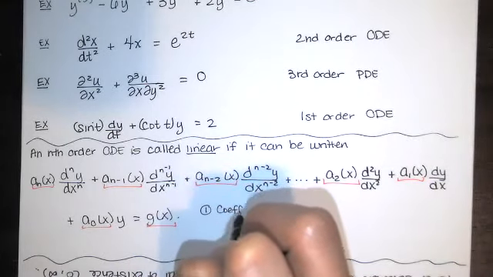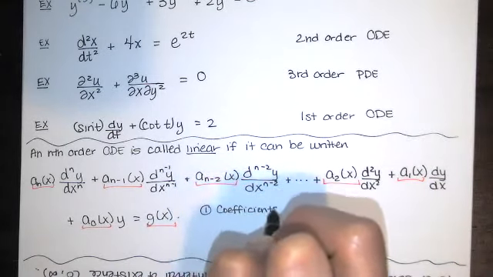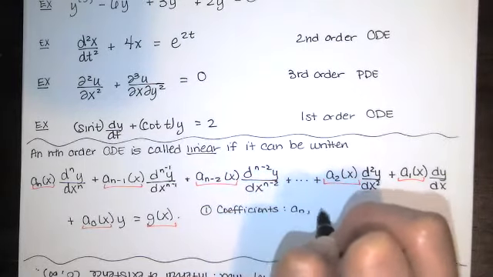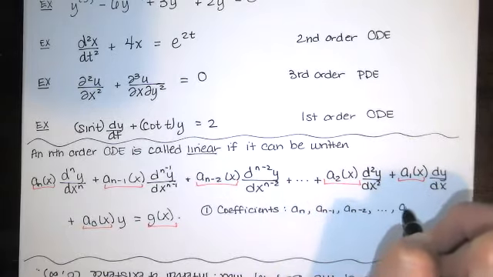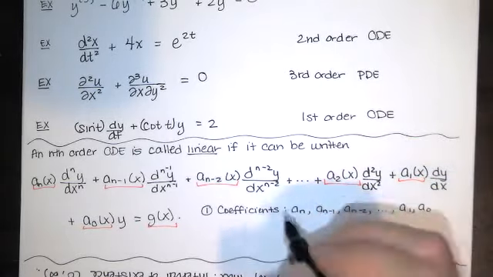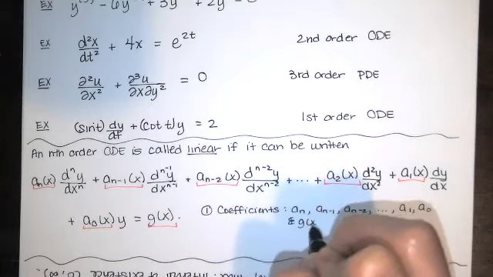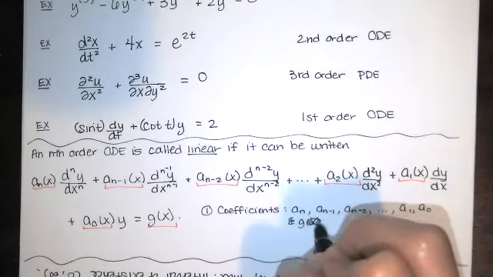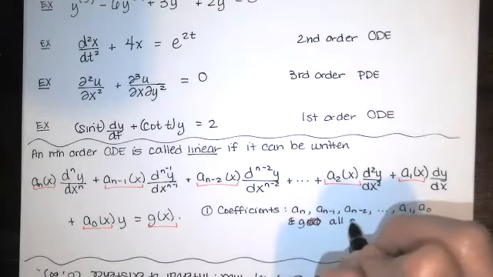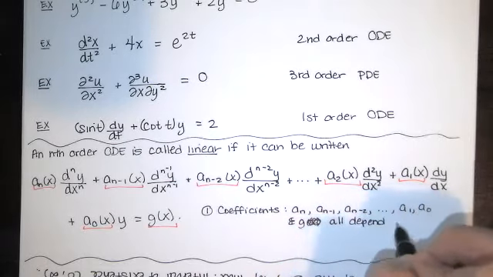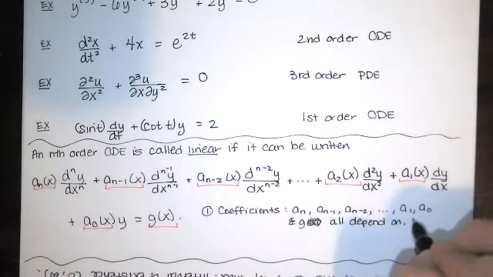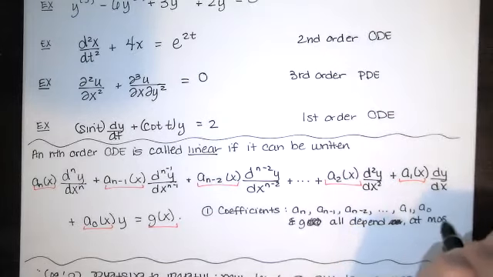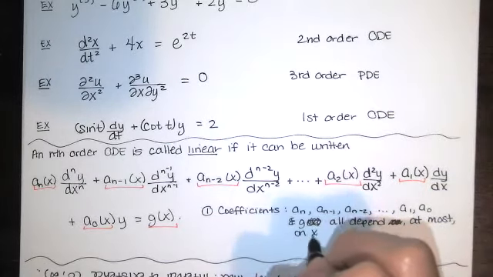So I'll say the coefficients a sub n minus 1, a sub n minus 2, all the way down to a sub 0, and the function on the right-hand side, g of x, all depend at most on x.